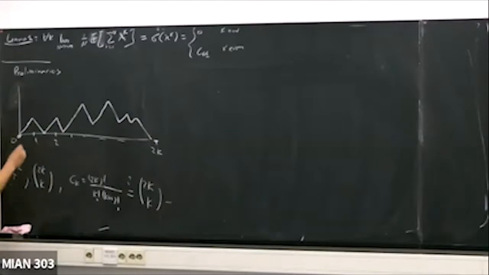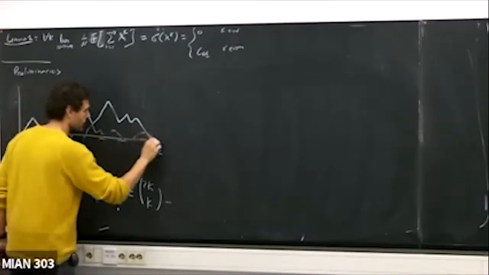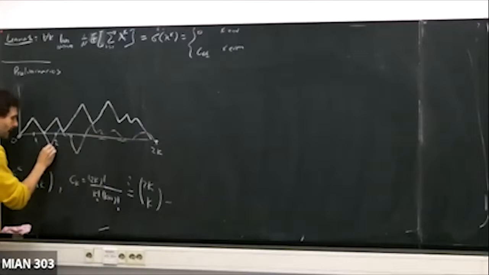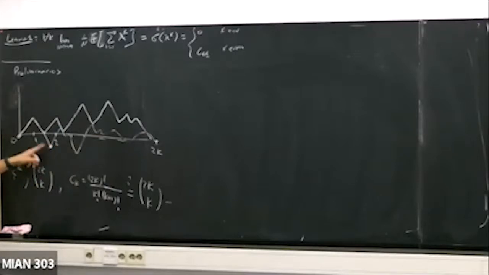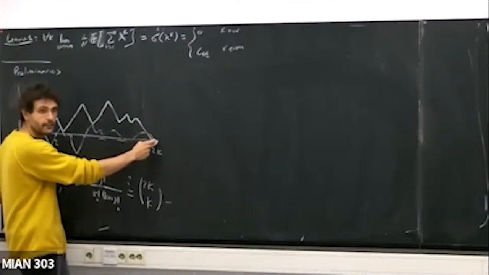Okay, but let's count. It's very easy to count those that touch -1. So I draw such a path that becomes negative. There will be a first time it is equal to -1, and then you see how many there are that are at -1 exactly at the same point, and then finish in 0.